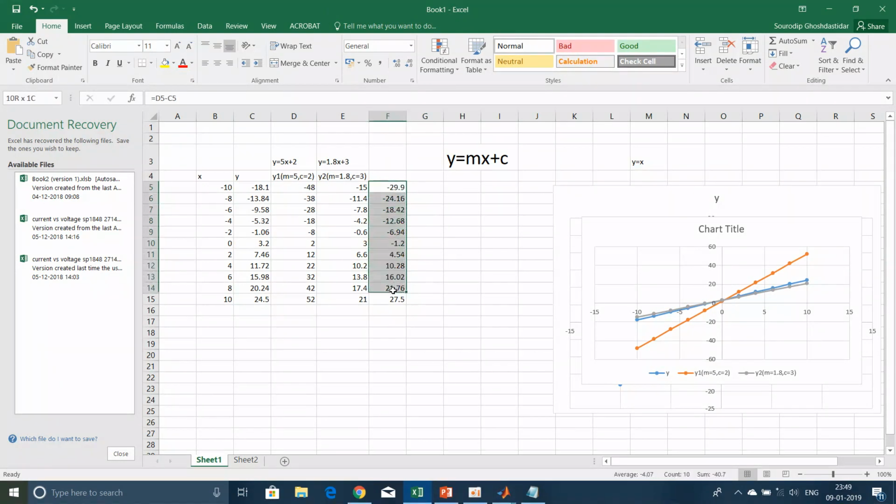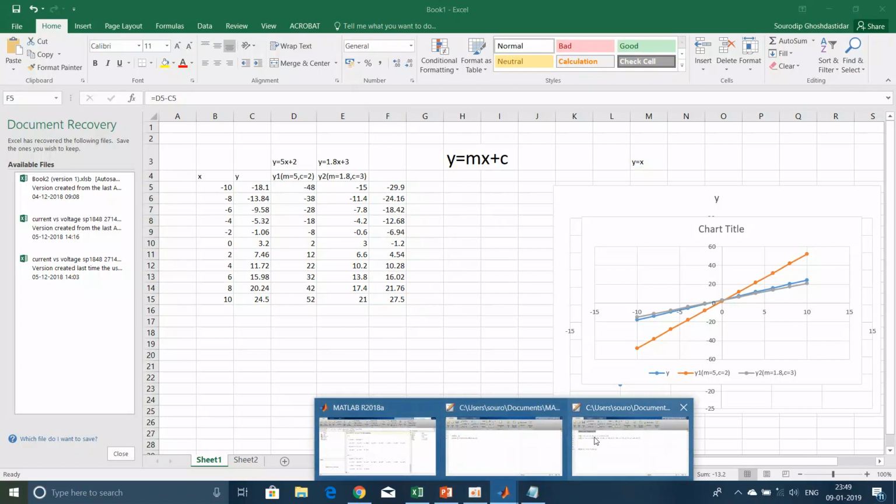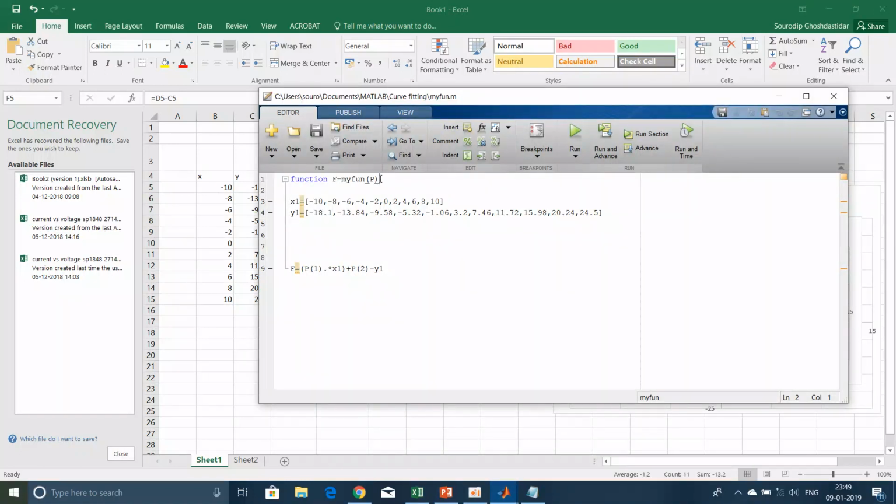This particular column is the differences between these data, and we have to feed that into MATLAB somehow. The myFun function does basically that.